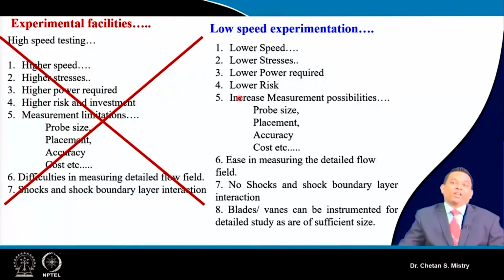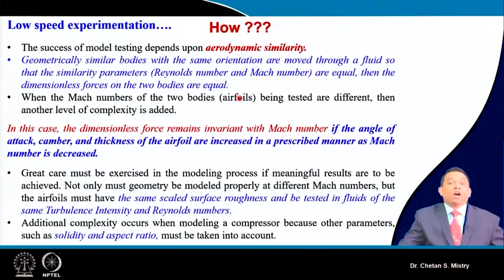So now the question is, yes, we have a solution in the low speed testing facility, but how do we address this? How do we arrange it? The success of this model testing depends on my aerodynamic similarity.